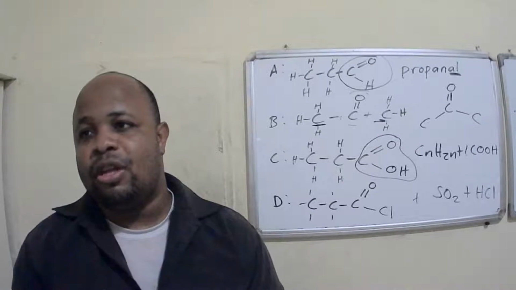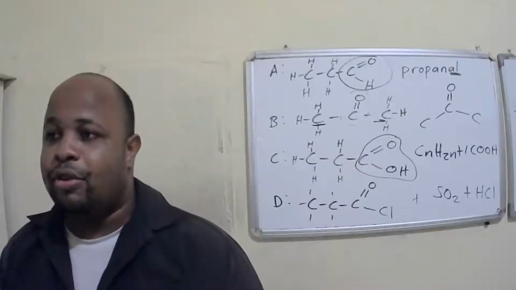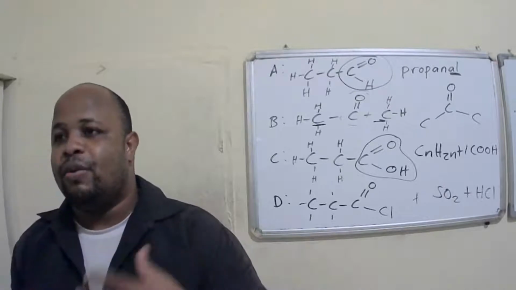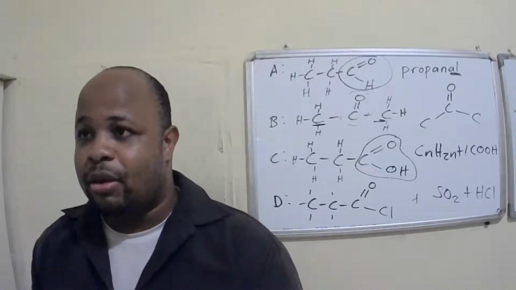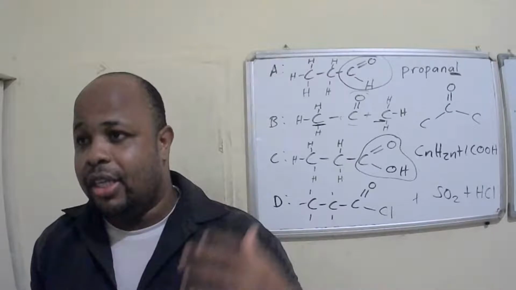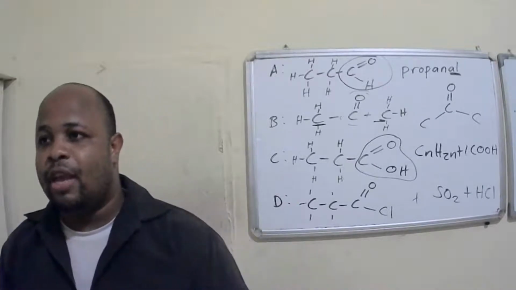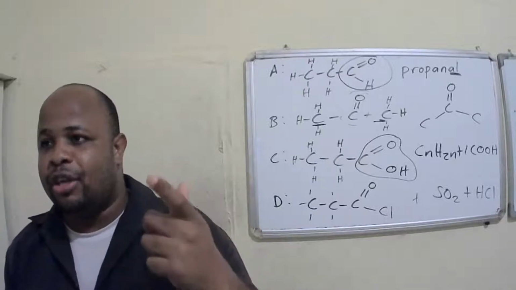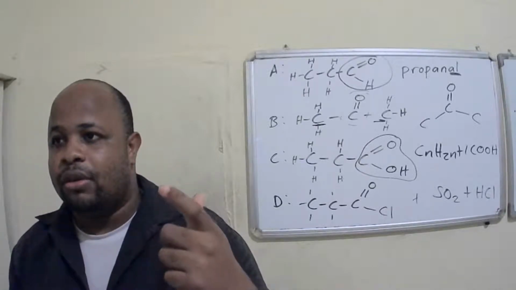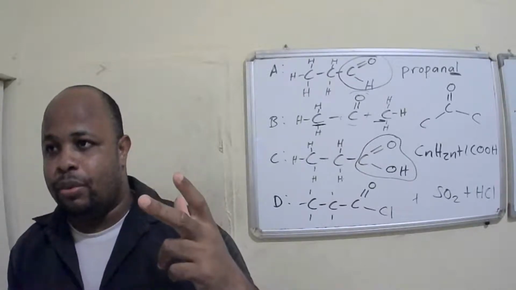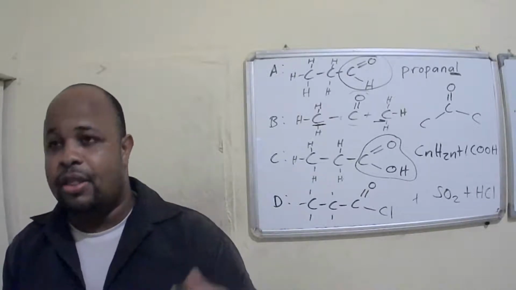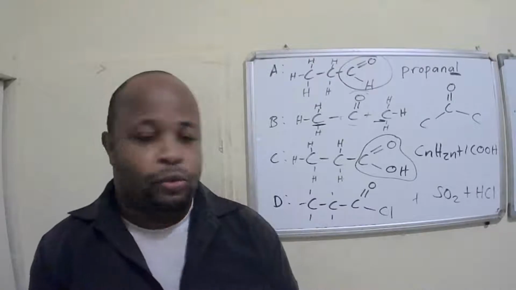Compounds in a homologous series have the same functional group, which means they will have the same chemical properties, that is, they do the same type of chemical reactions. They have the same general formula, same functional group, same chemical properties, and they differ by a CH2 group.